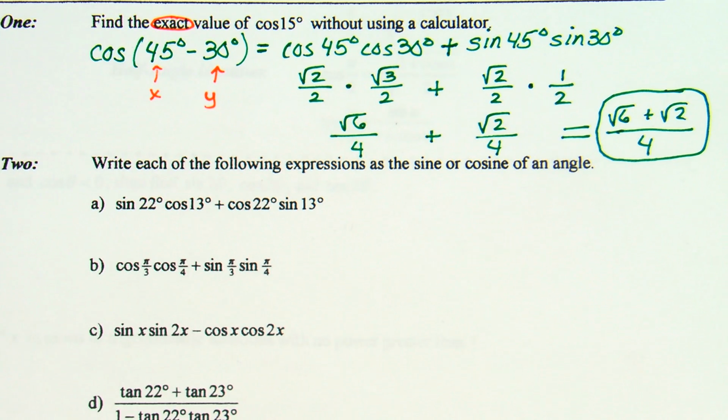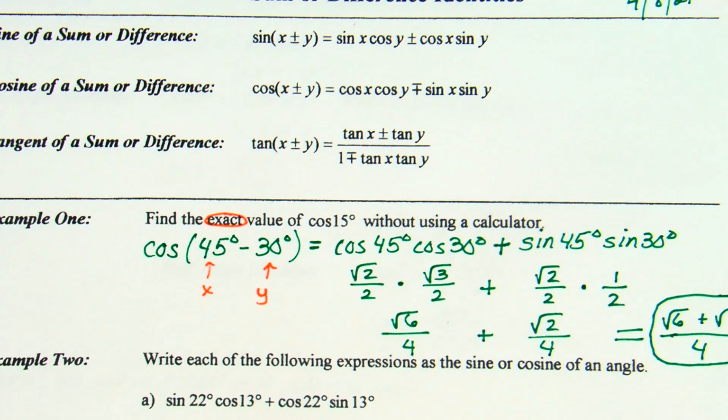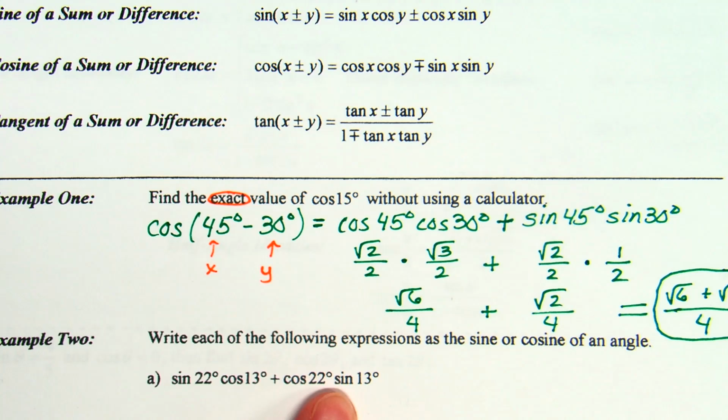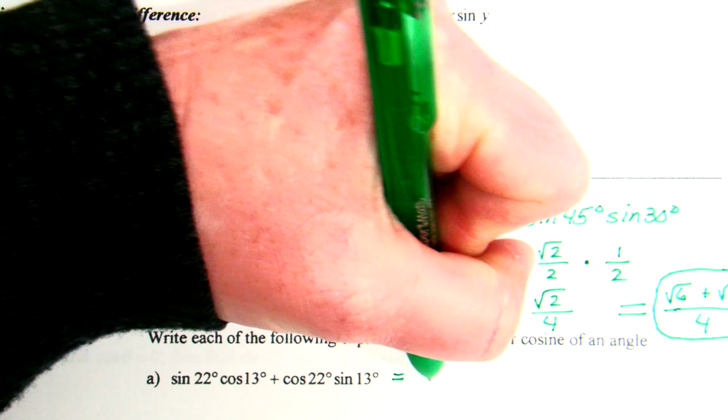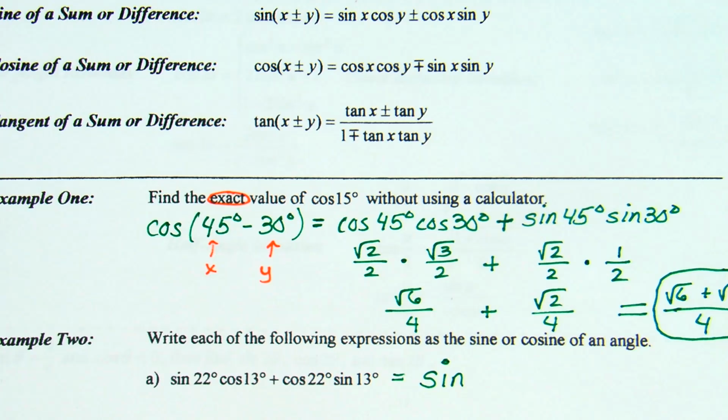So what do you notice about this right here? What form is it in? If I go back up to the top, this is a sine, cosine, cosine, sine. Which identity uses sine, cosine, cosine, sine? This is sine. So I know that my answer is going to be the sine of some angle.